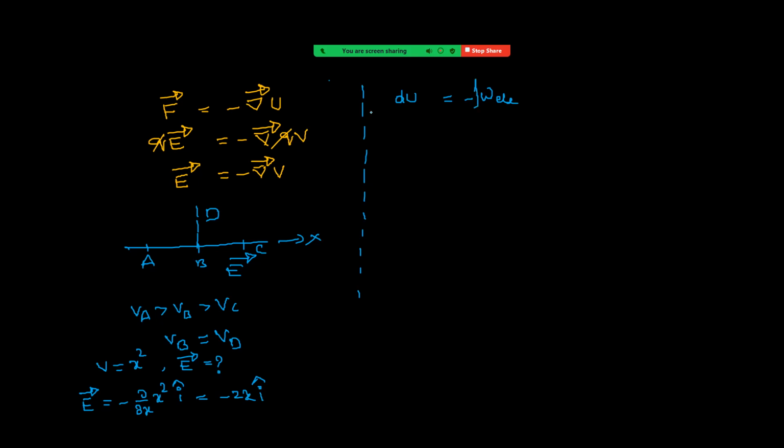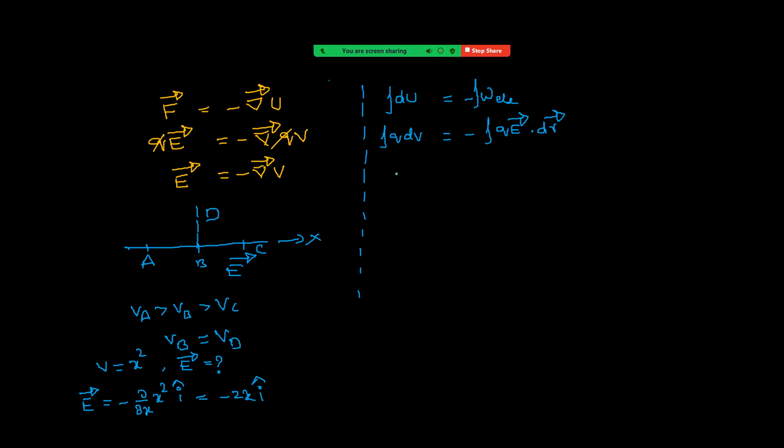Integration of, right. Now see here what we can write. This is taken as integration of q into dV, because change in potential energy equal to charge into potential difference, and that is equal to minus work done by electric force, that is electric force q into E bar dot dr bar.